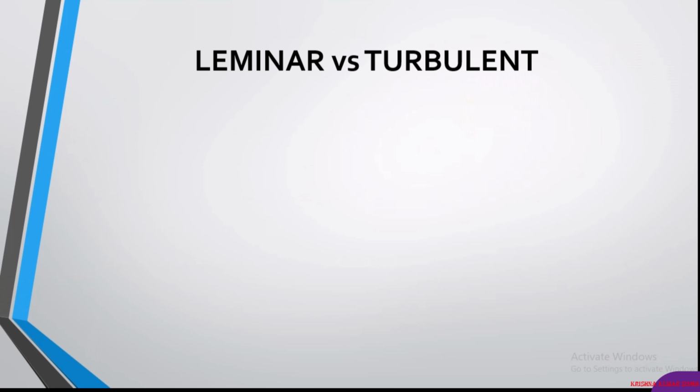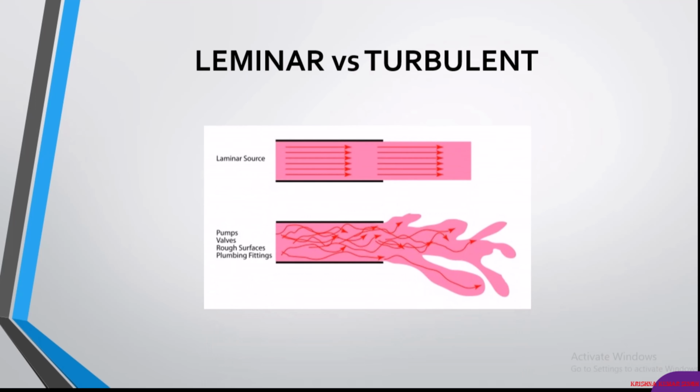Now we are going to discuss the difference between laminar and turbulent flow. We have an image, and in this image the first section of pipe represents the laminar flow, right? You can see over here the flow is coming from the left direction and going towards the right direction.